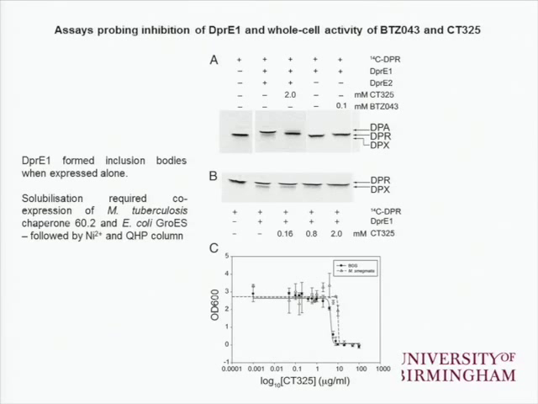What you find is that when you add in the inhibitors, so this is related to the BTZ compound, you block the conversion to DPA and you get DPR. Likewise with BTZ. This is quite useful in that they'd utilized a phenotypic screening assay to identify these hits against this enzyme, but this had now proven that the inhibitors worked at an in vitro level.